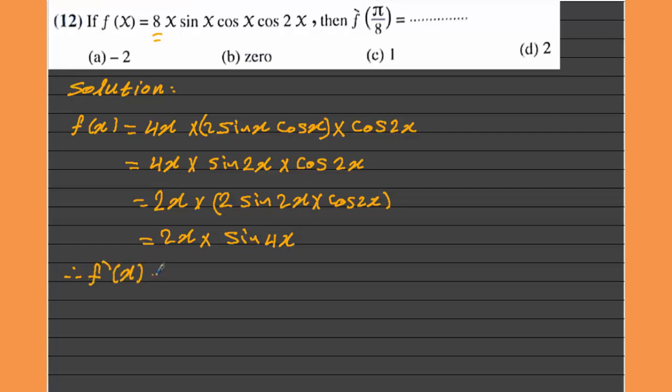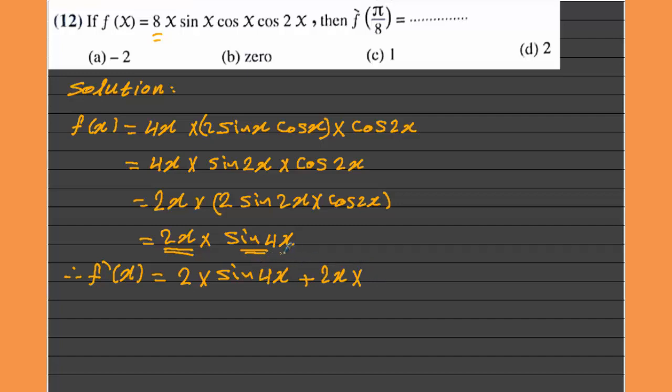So now we can find f dash of x as follows. f dash of x equals, here we have two functions, 2x is the first and sine 4x is the second function. So f dash of x equals the derivative of the first function, the derivative of 2x is 2, multiply the second function itself without any differentiation, plus the first function 2x multiply the derivative of sine 4x.